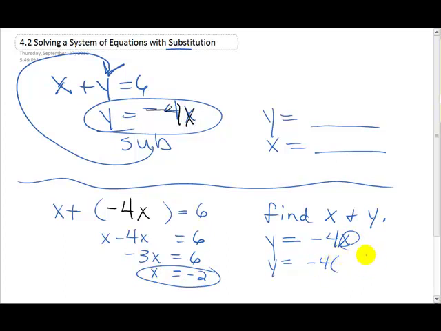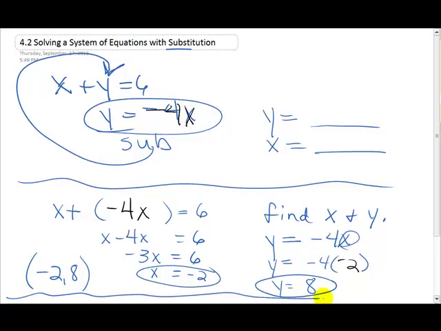So negative 4 times x, take the negative 2, put it in here, and y is going to equal 8. So your ordered pair is the solution here, negative 2, 8.